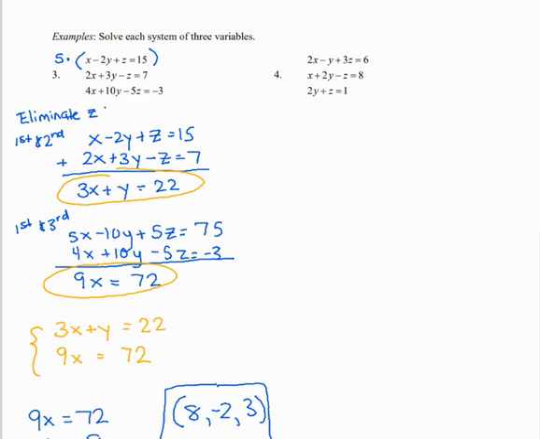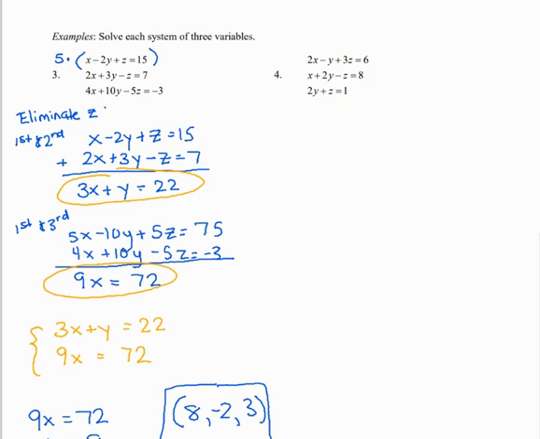The second equation, 2 times 8 is 16, minus 6 is 10, and 10 minus 3 is 7. That's good. If I plug it into the last equation, we would get 32 minus 30, minus 20 is 12, and then 12 minus 15 is negative 3. Awesome. So it definitely checks out.